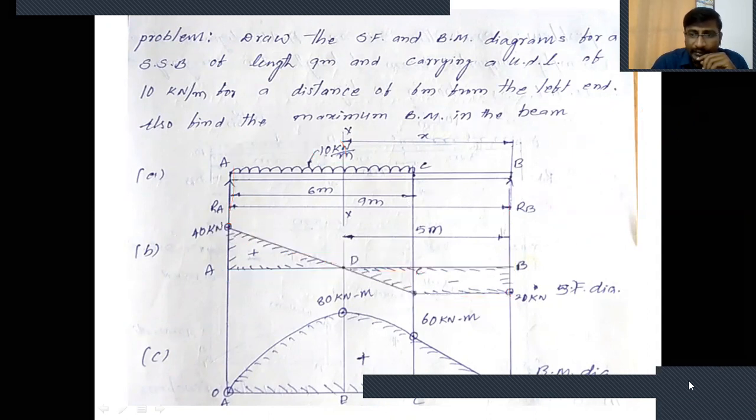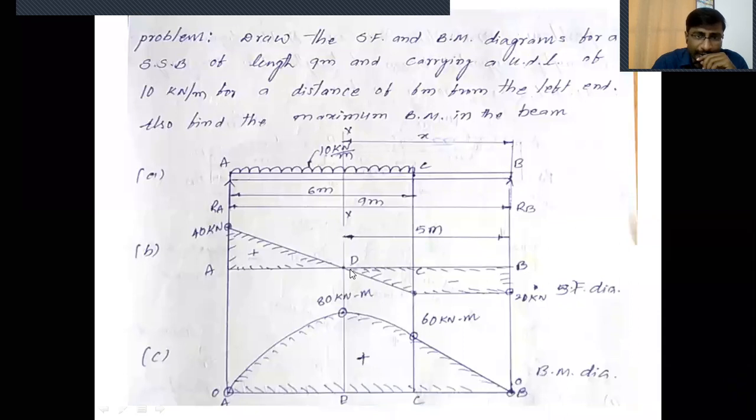After getting the extra point D, draw the vertical lines and extend the vertical lines from B, C, D and also A, to draw the bending moment diagram. Clear, students?